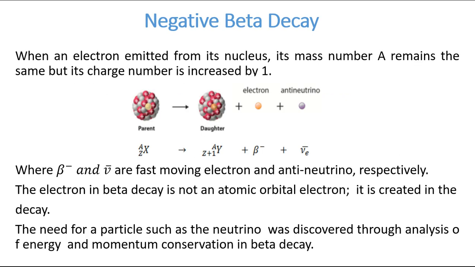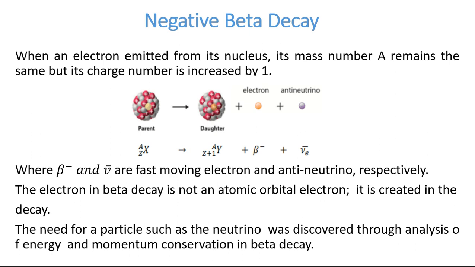Looking at negative beta decay in more detail, this electron or beta minus particle is the ordinary electron, and the question is where it comes from, because we don't have any electrons within the nucleus. So this electron in beta decay is not an atomic orbital electron.